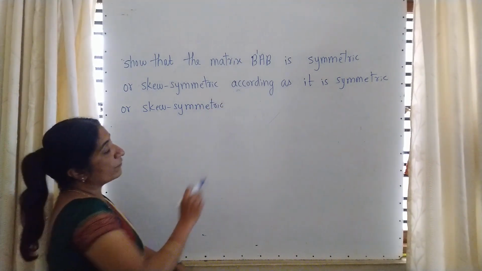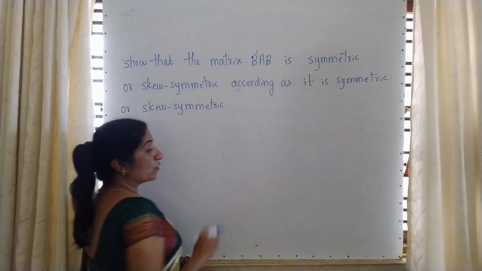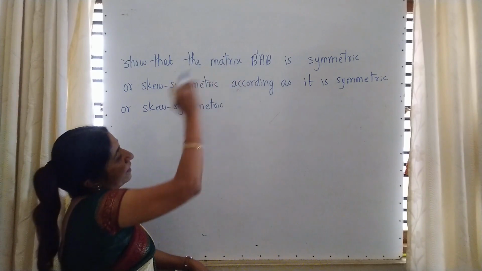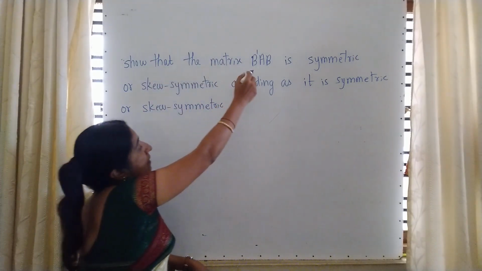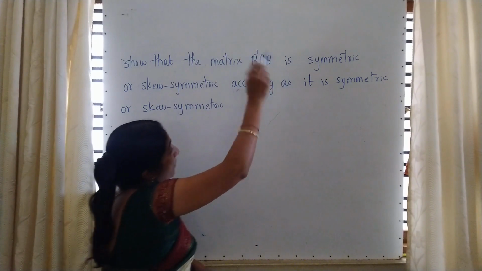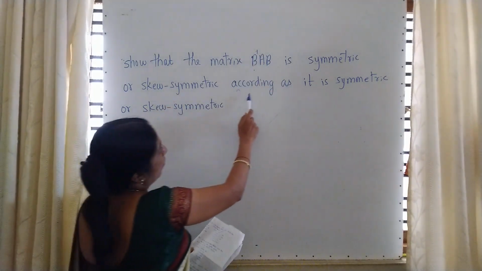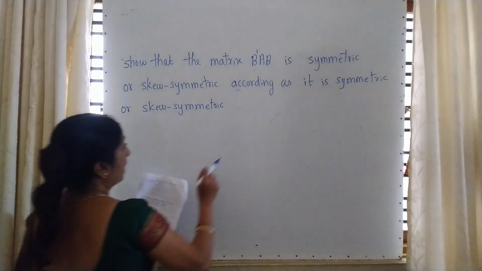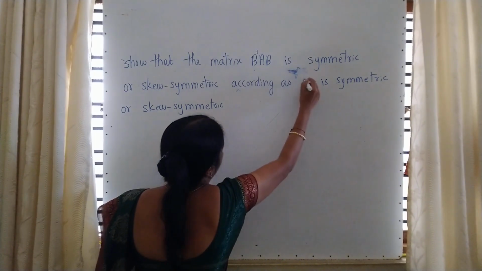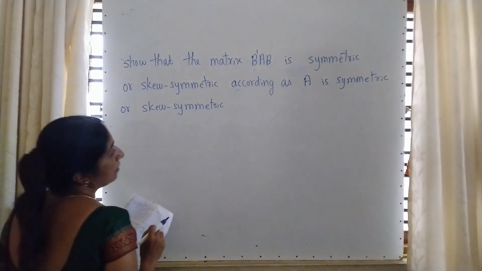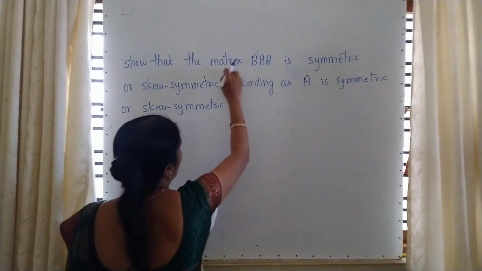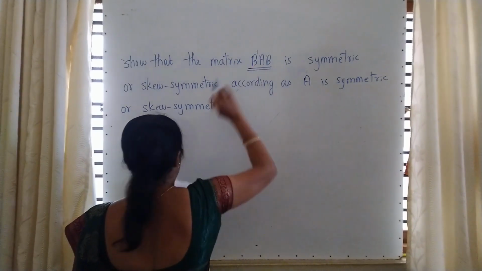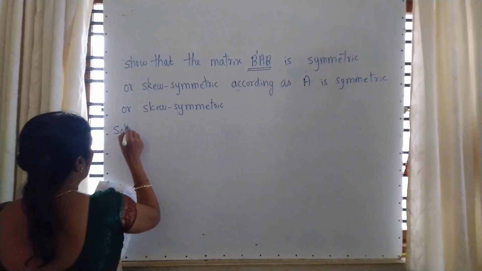That means if A is symmetric, we have to prove that B transpose A B is symmetric. In case A is skew symmetric, we have to prove that this is skew symmetric. Let us start the proof.